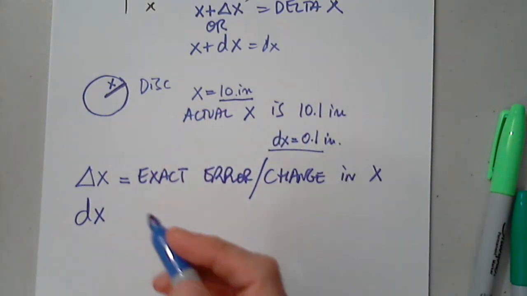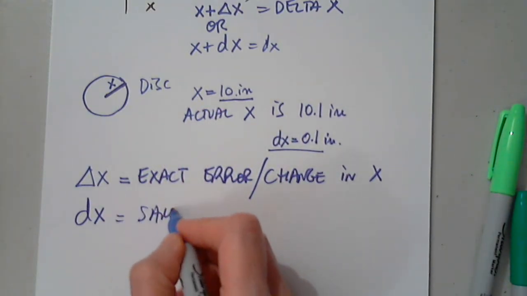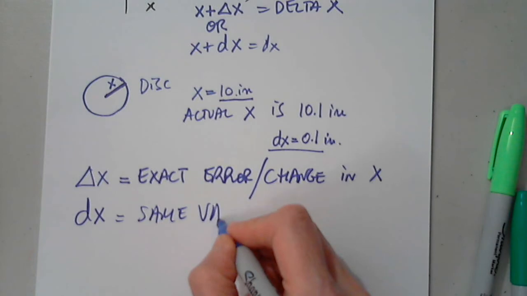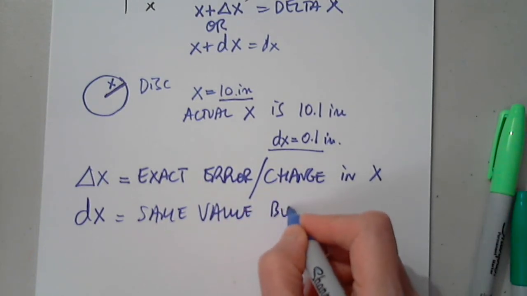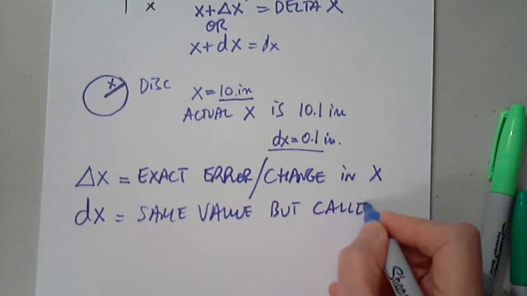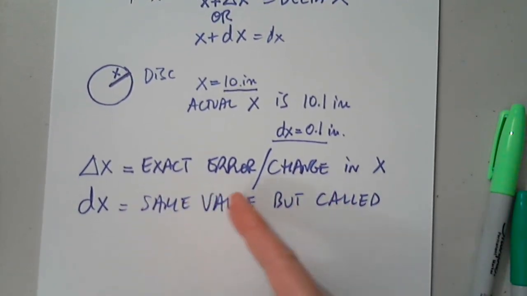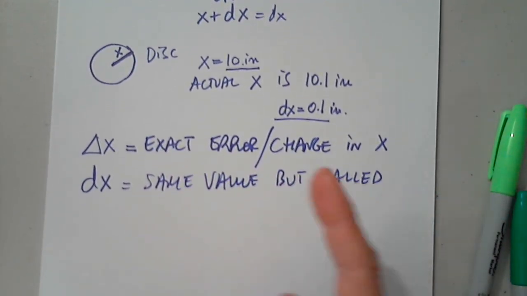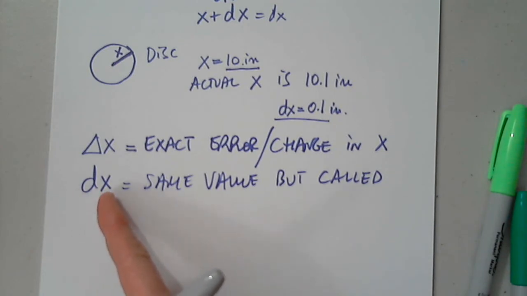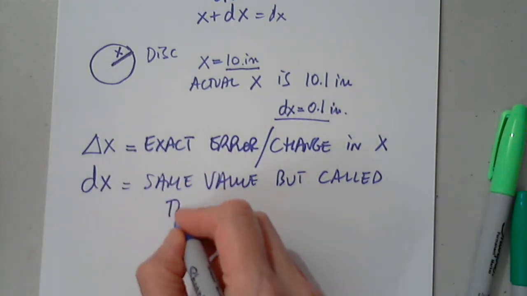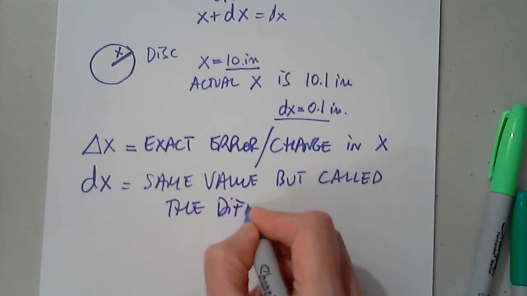Well, it happens that it's the same number, same value, but called not the exact change or distance or error, no, but called the differential of x. The differential.